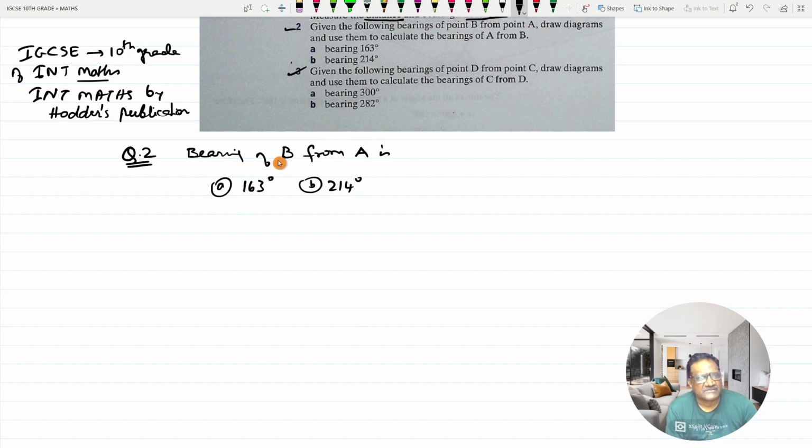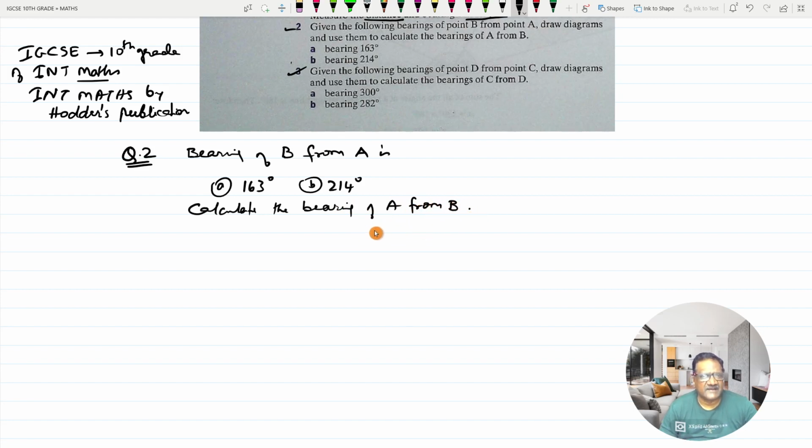So these are the bearings of B from A that is given in A and B. Now draw the diagram and use them to calculate the bearing of A from B. So you have to draw the diagram and you have to calculate the bearings of A from B.